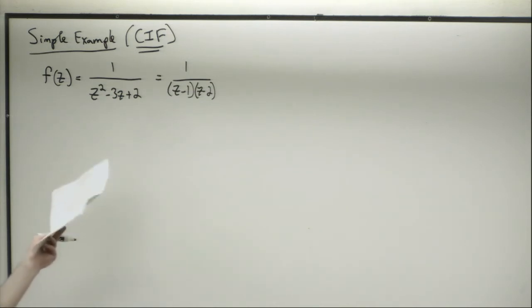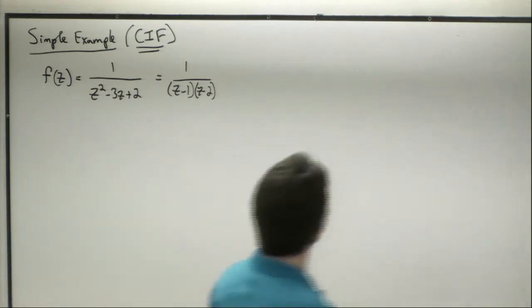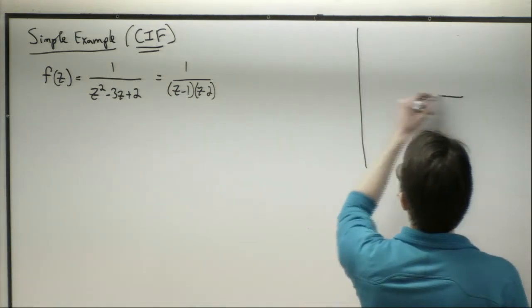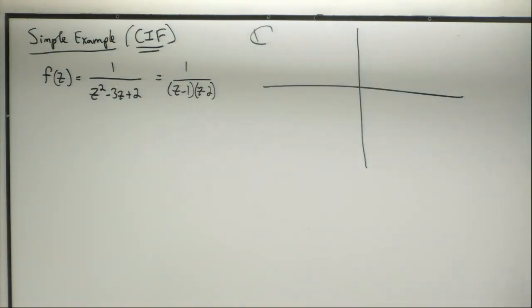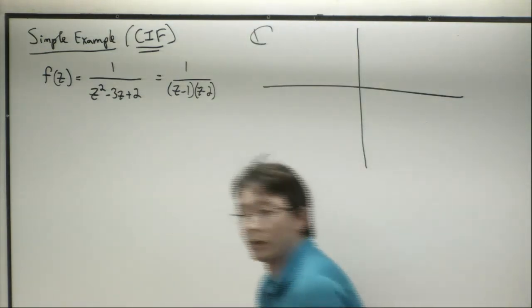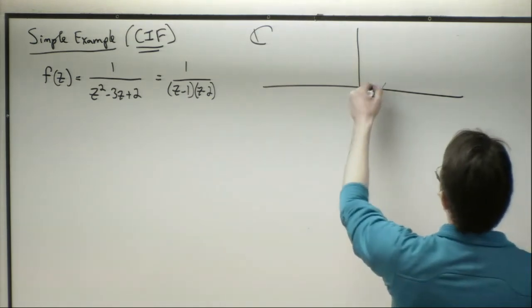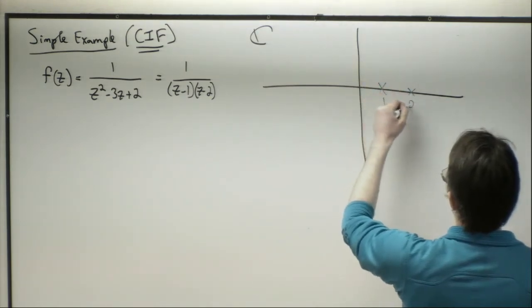So how many poles does this function have, and where are they at? 2 poles at 1 and 2. So in my complex plane, I have 2 poles at 1 and at 2.